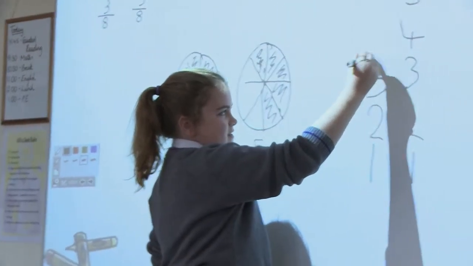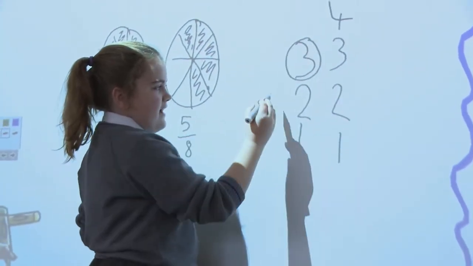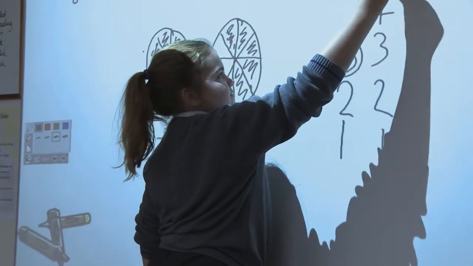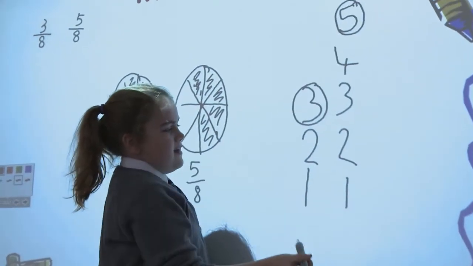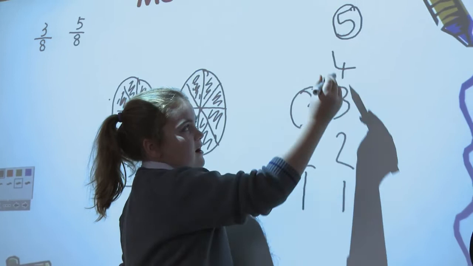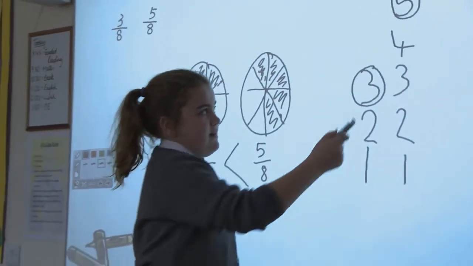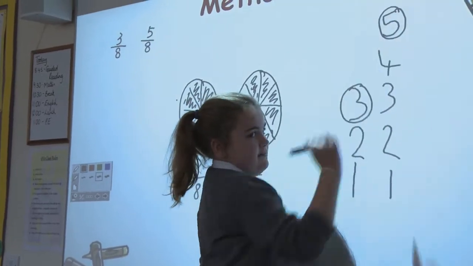This is 3, and that's the numerator. And this is 5, and that's the numerator. And 5 is higher than 3, which makes 5/8 bigger.